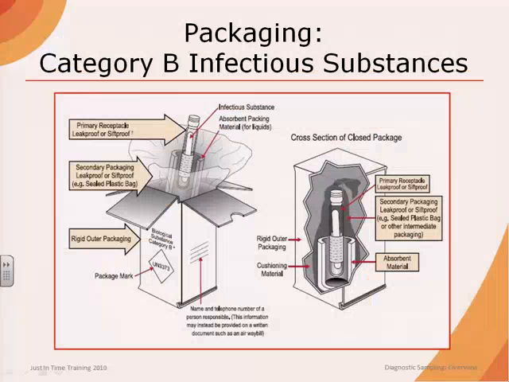Packaging for Category B infectious substance includes placing the solid or liquid specimen in a leak-proof primary container and labeling the content. Place the primary container inside a flexible, sealable plastic bag or rigid secondary container. Place absorbing material inside of the secondary container.